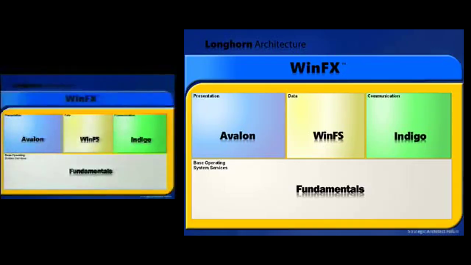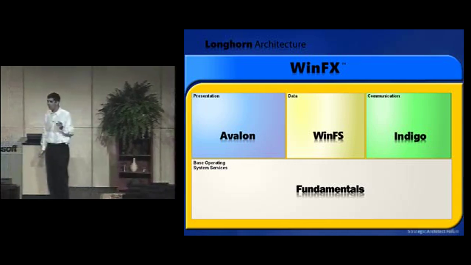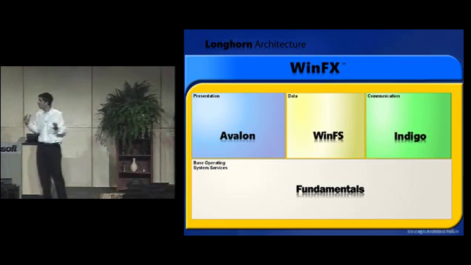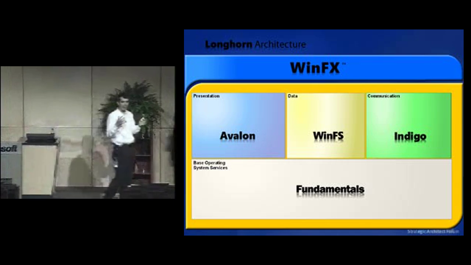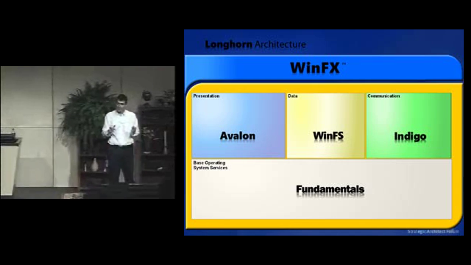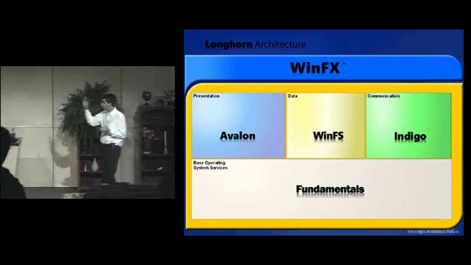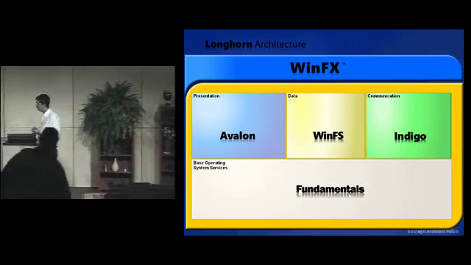So let me talk a little bit about the architecture and some terminology. The way that we think about the new API set in Longhorn, we call it WinFX. Essentially, WinFX is the new managed code APIs for Longhorn. We think about four main areas inside of WinFX to be concerned about.